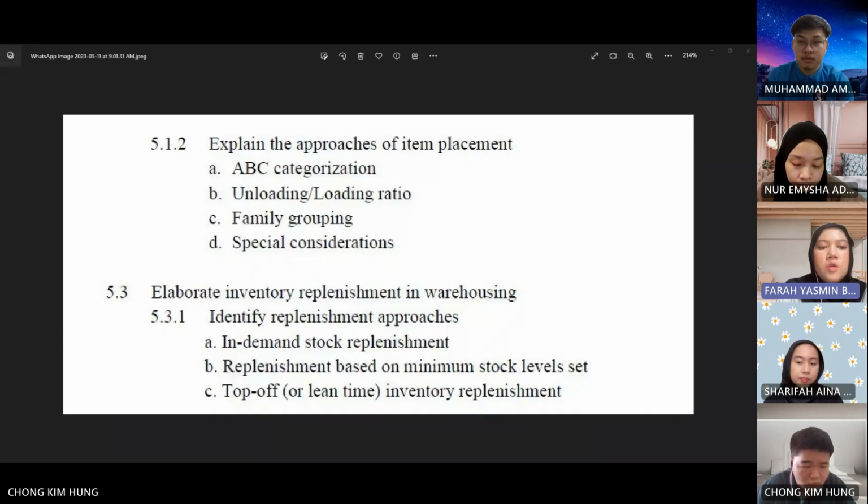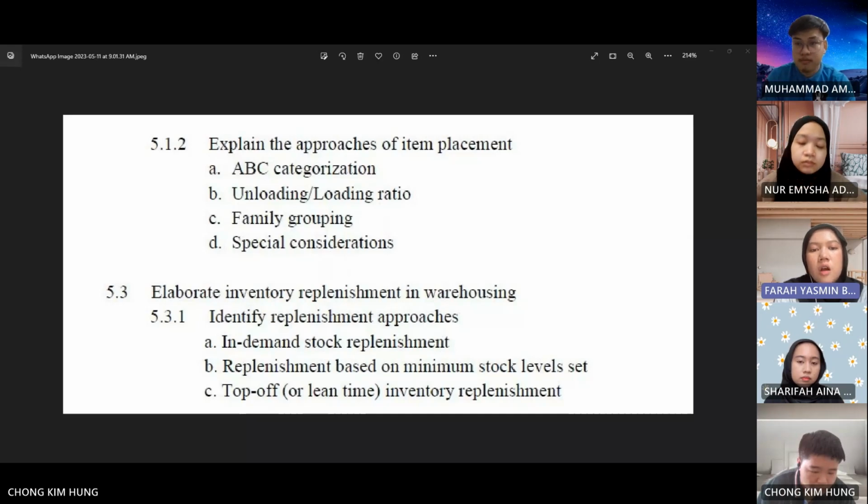Fourth, accumulate value and add up the number of items, and calculate the percentage of total inventory in value and in number. Fifth, draw a curve of percentage of items and percentage of value. And the last one is to mark out from the curve the rational limits of the A, B, and C categories. That's all for ABC categorization.